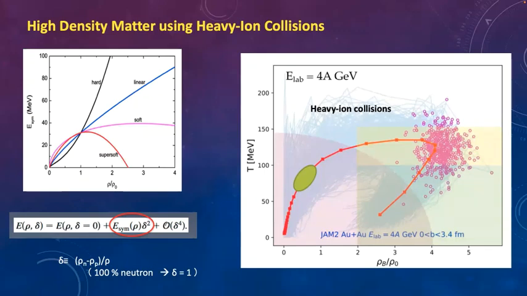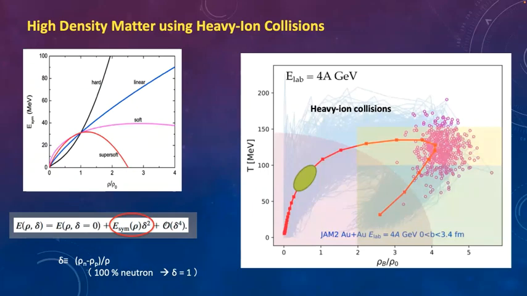Okay, may I make a comment on this? Yes, Betty. This is Betty Tsang from Michigan State University. I want to say that yes, GSI has the advantage of getting higher energy, especially at FAIR. But I wouldn't say no possibility, GSI is just not optimum in terms of using isotope beams.